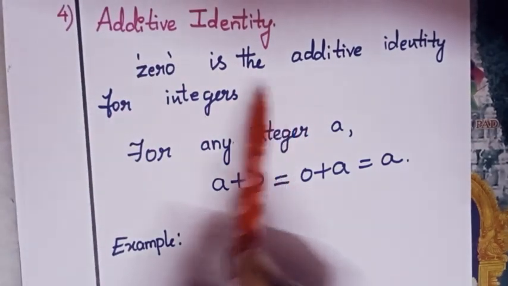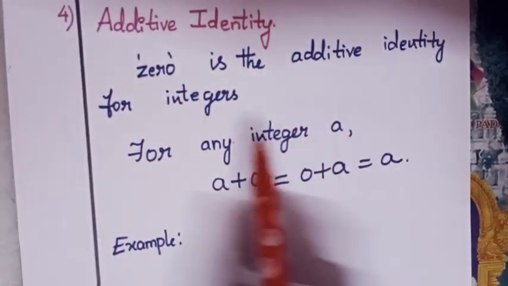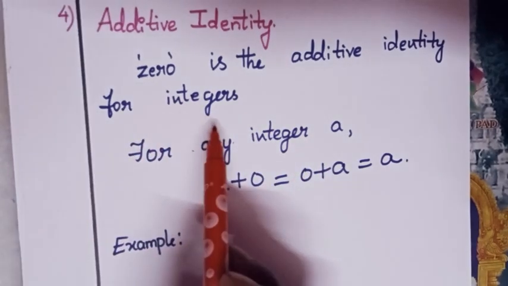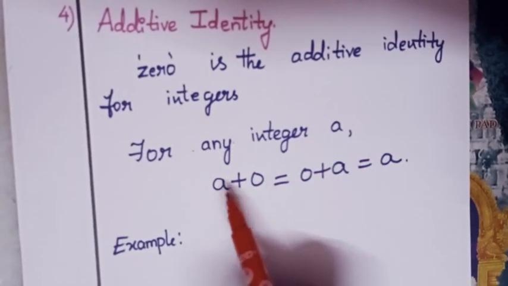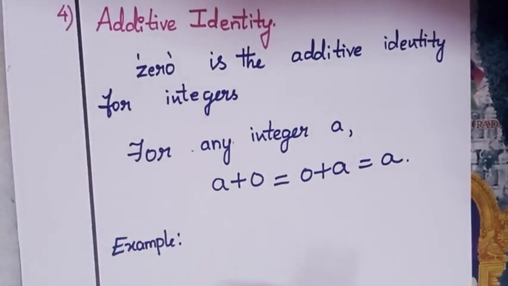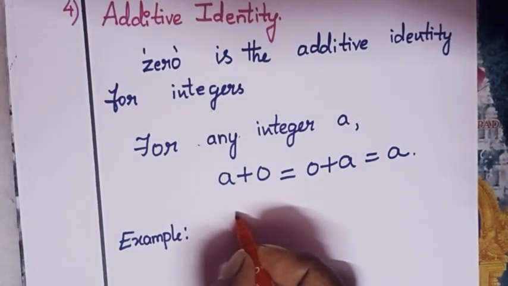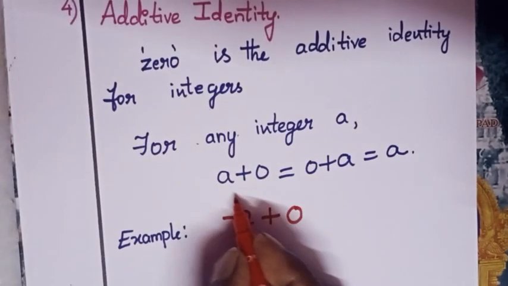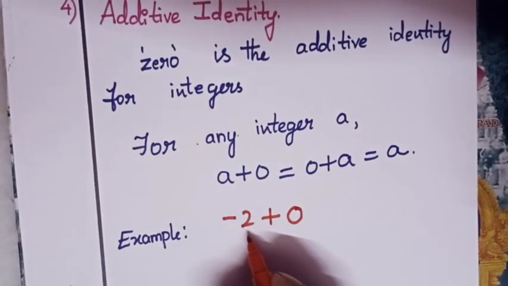Additive identity. 0 is the additive identity for integers. For any integer A, A plus 0 equals 0 plus A equals A. Now, I'll make you understand, minus 2 plus 0. Here, A equals minus 2, children.